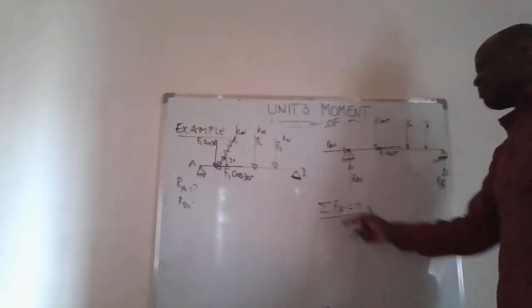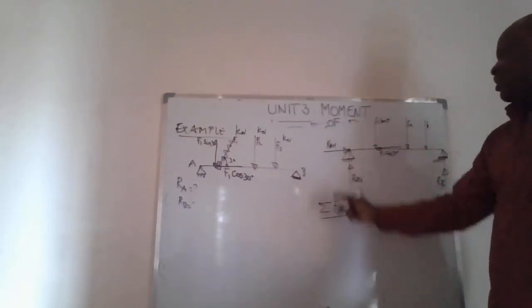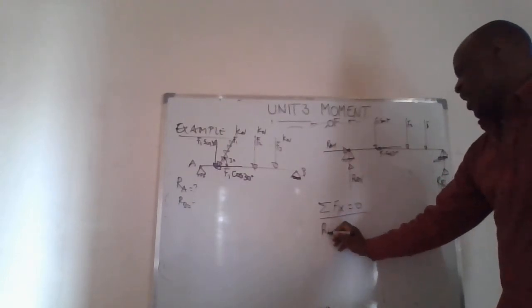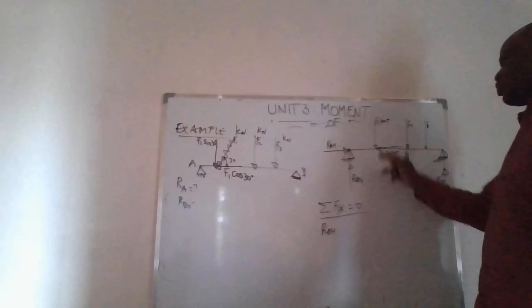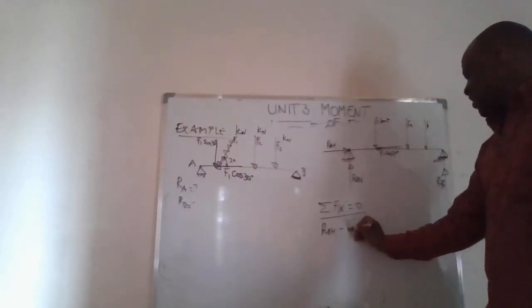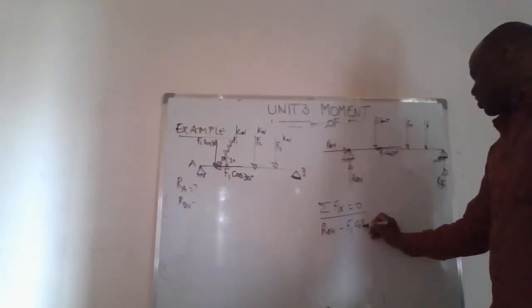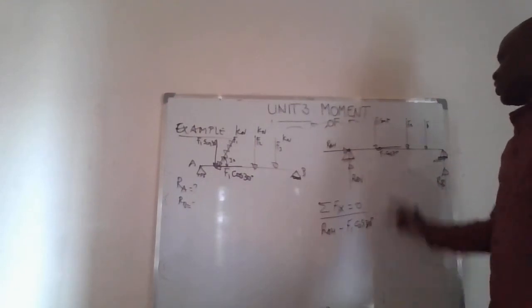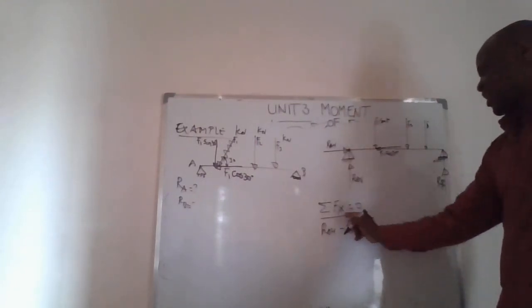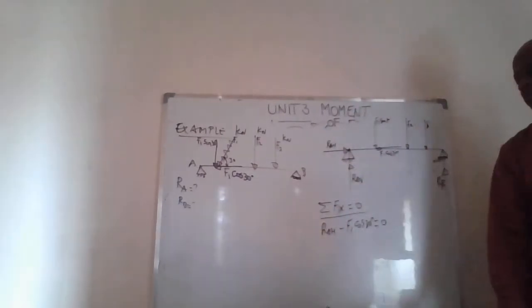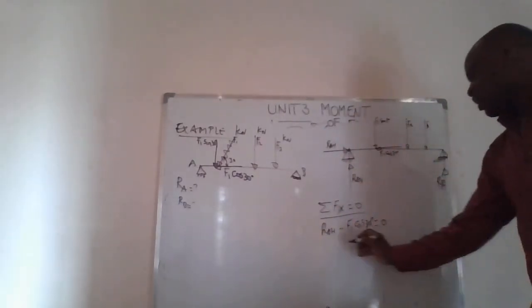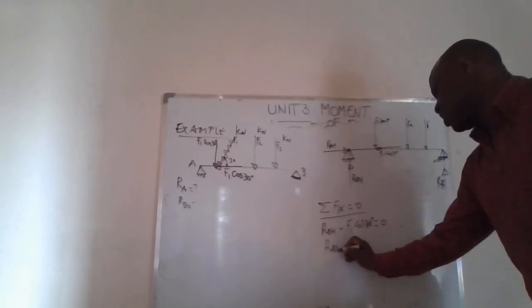And if we do the algebraic sum of forces on X, you will see that this equation will be RAH, which is directed toward positive values of X, minus F1 cos 30. Those are the two forces that you have, and this algebraic sum should be equal to 0 for horizontal equilibrium. Therefore, from here, we can easily get RAH.